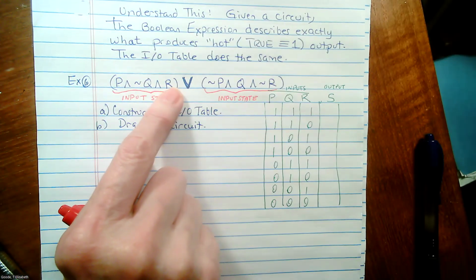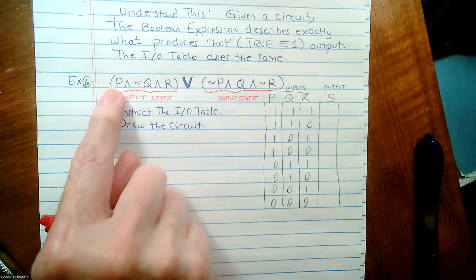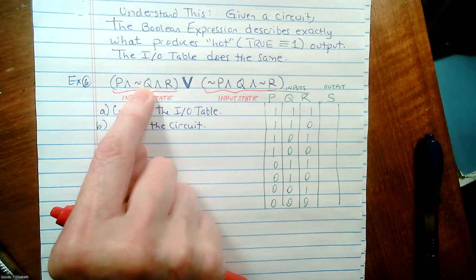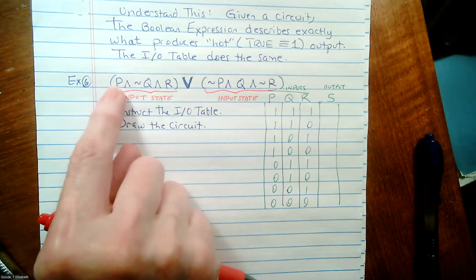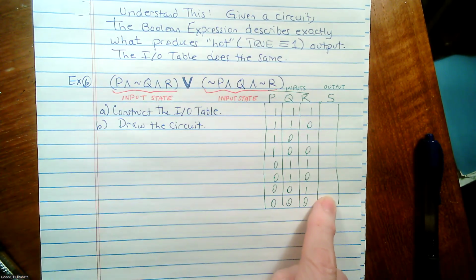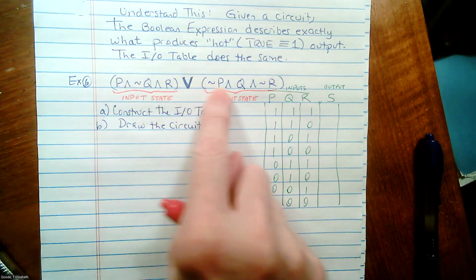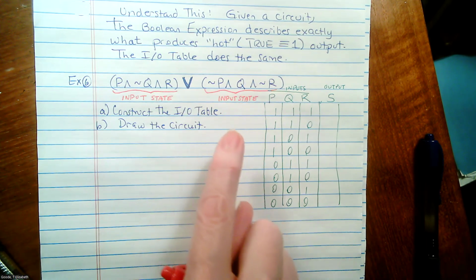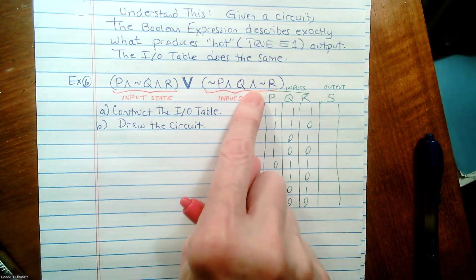So in the instance that the input wires have P being true or hot, not Q is true, which means Q is false or cold, and R is hot, we want the output to be 1, because this expression is telling us exactly when we should get hot output.